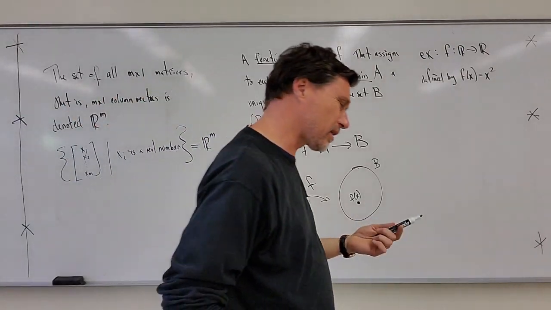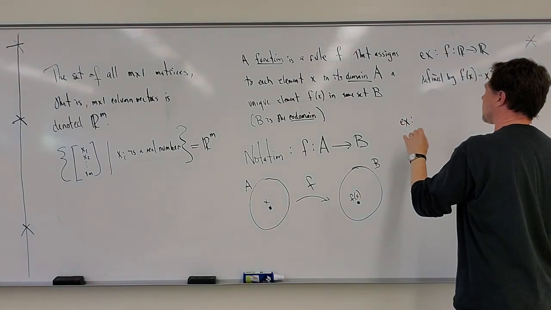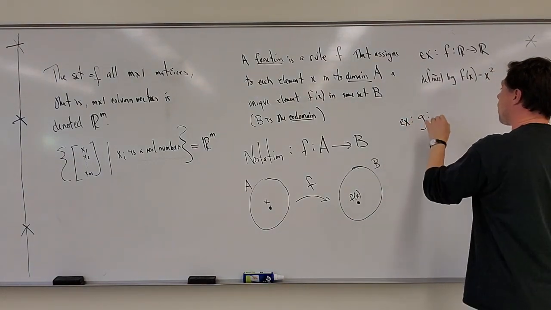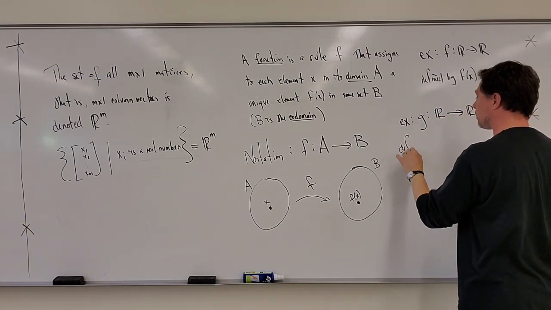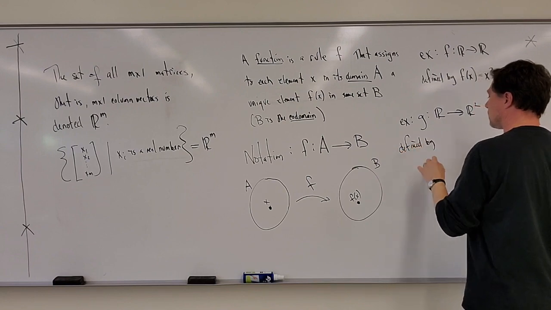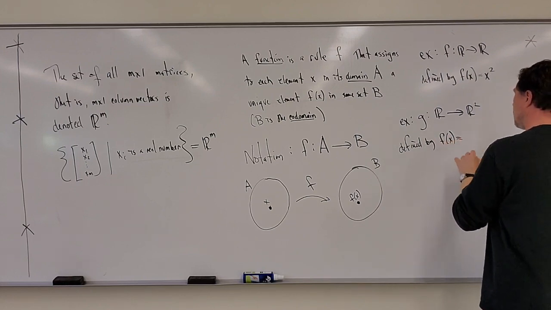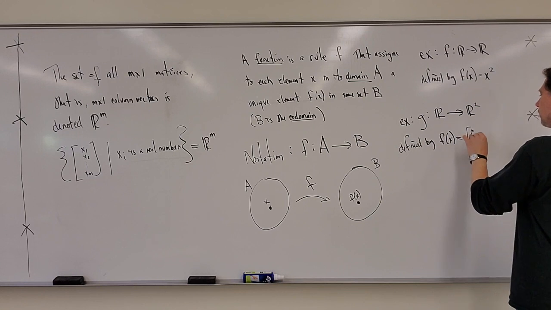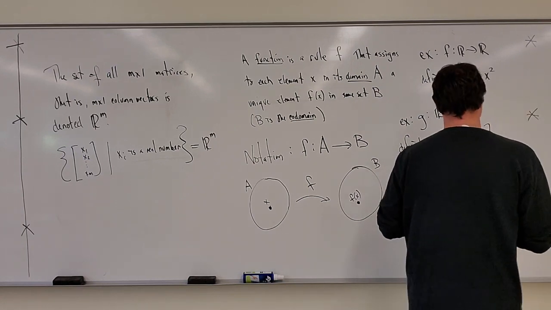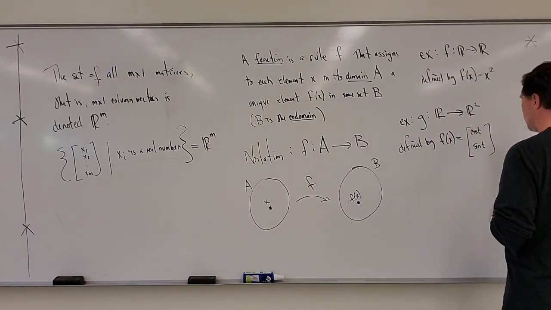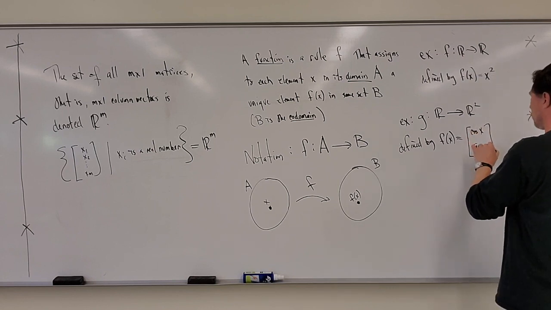Well, let's try one more example that's a little different. How about this one? Let's give it a different name. How about little g from R to R2, defined by g of x equals, and I'll write it as a column vector now, cosine x over sine x.